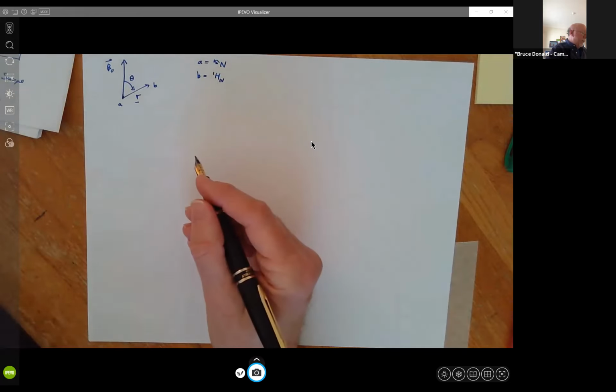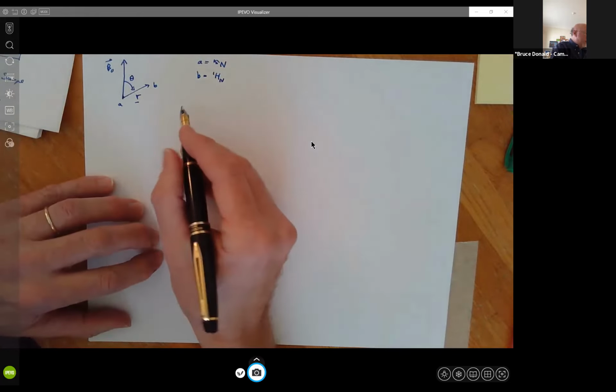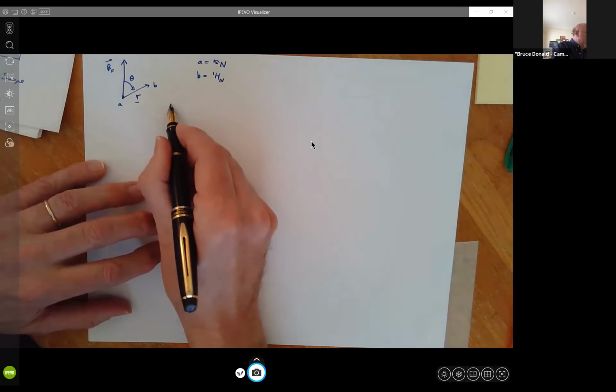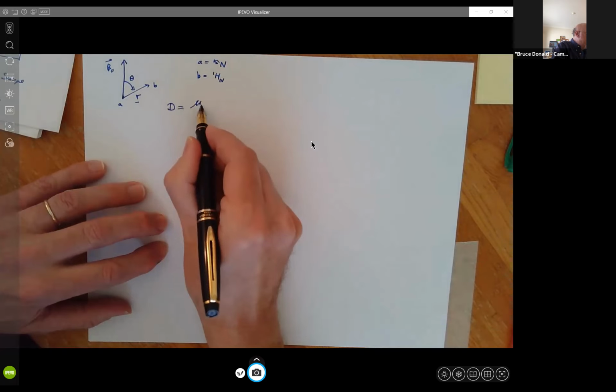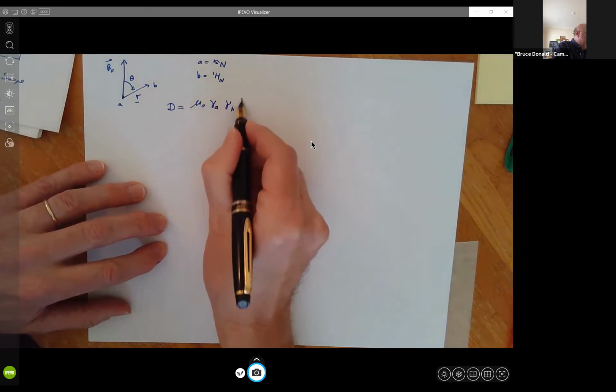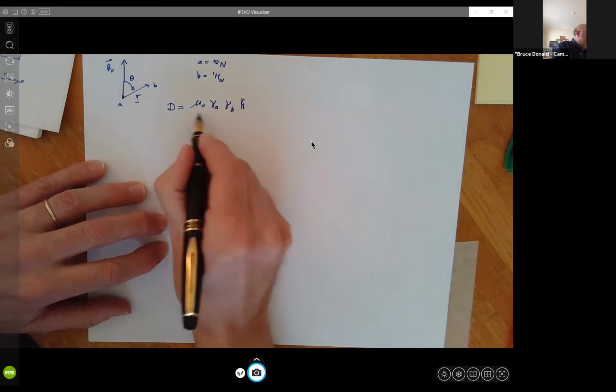Now, the dipolar coupling between these is equal to the following quantity. And I'll parse these symbols for you.